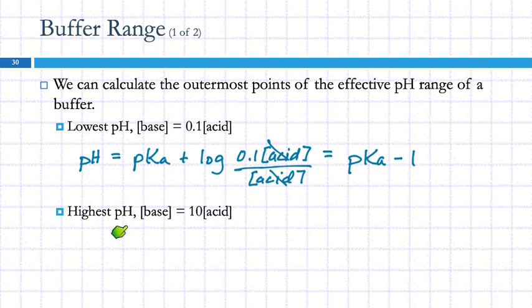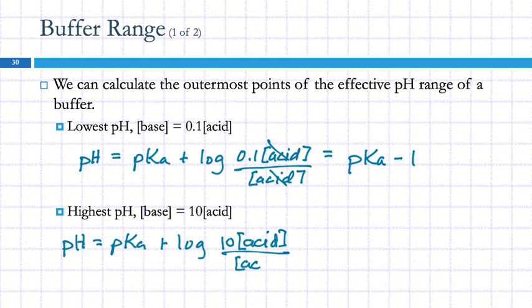The highest pH will be when the base is 10 times as big as the acid. Again, the acid concentrations cancel out, and this gives us pKa plus 1.